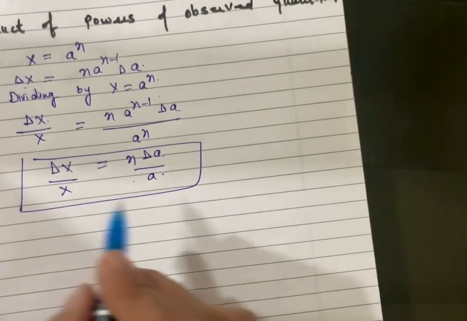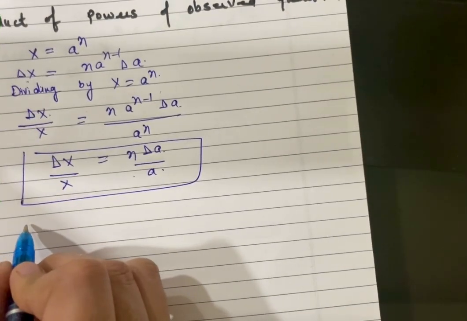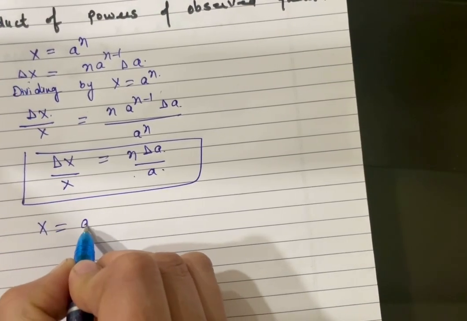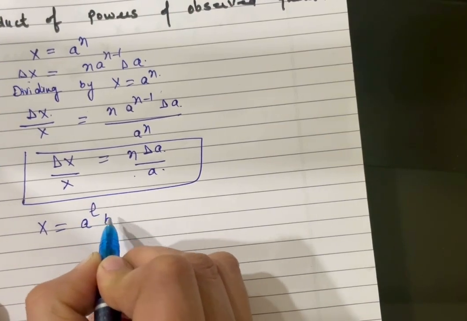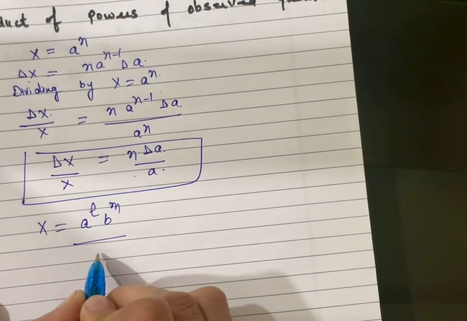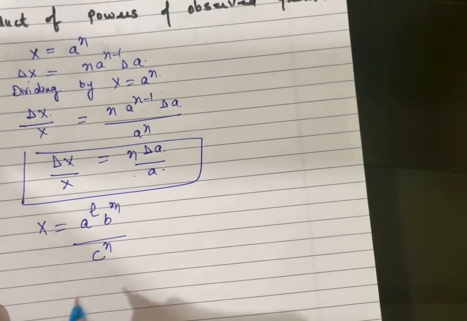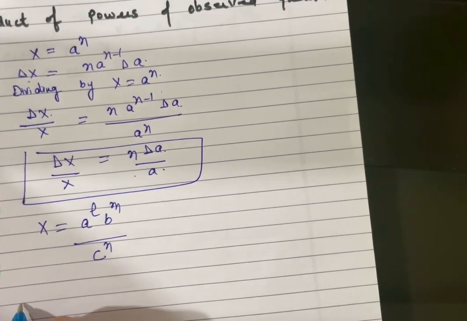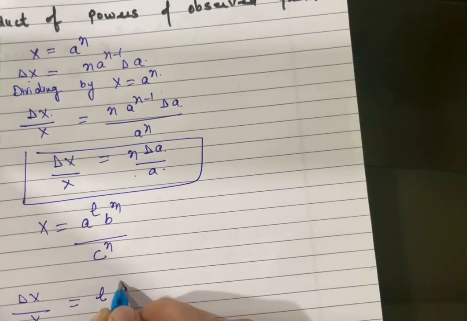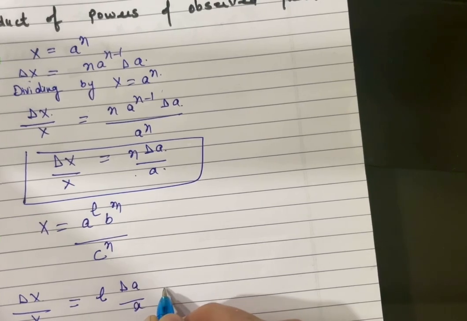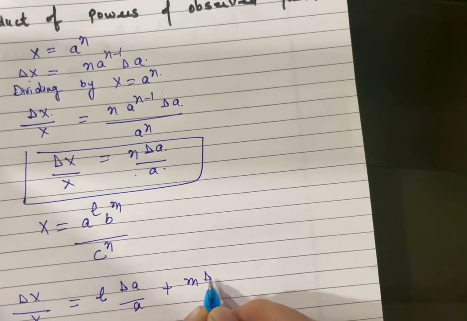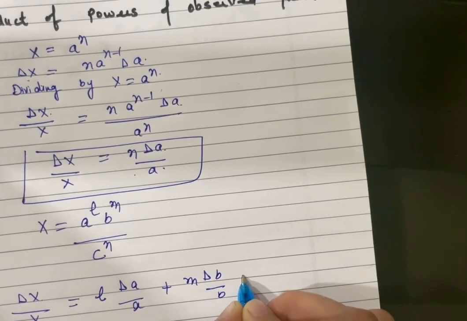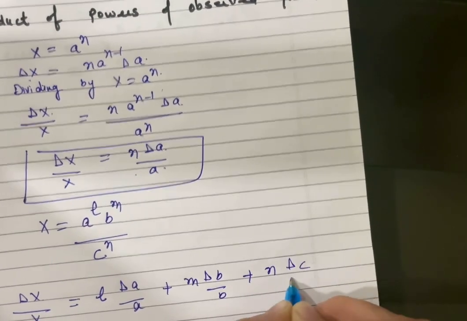And if there are many powers like this, x is equal to a raised to power l, b raised to power m, and c raised to power n, then the result will be delta x over x equal to l into delta a over a, clear ji, plus m into delta b over b, clear, plus n into delta c over c.